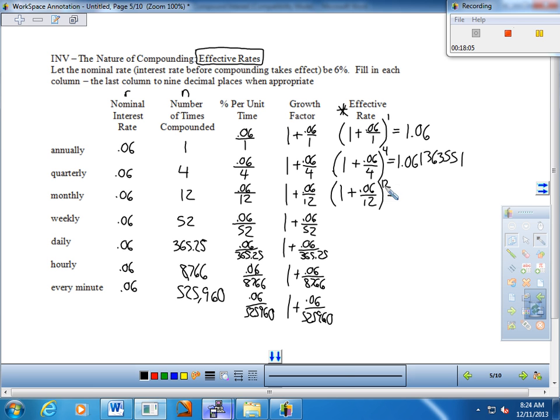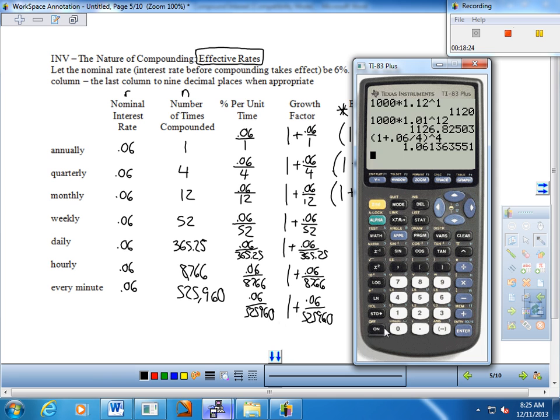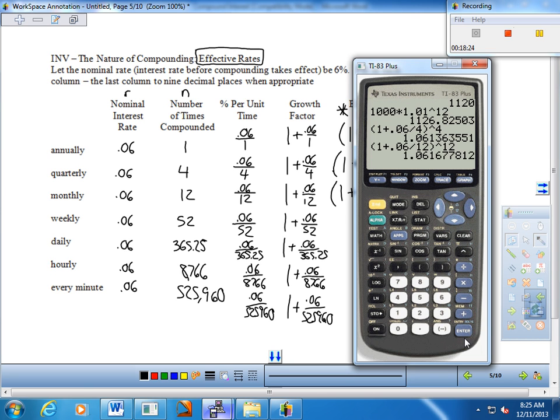But let's see by how much. So one more time, I'm going to bring the calculator up, and then we're just going to write in the remaining ones. So divide that by 12, and then, of course, raise it to the 12th, and I end up getting this right here.